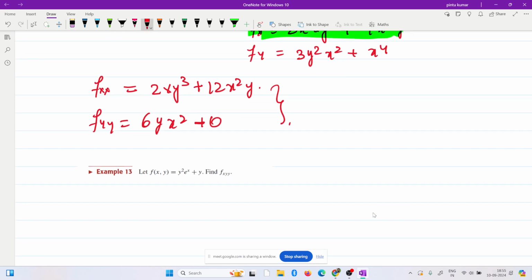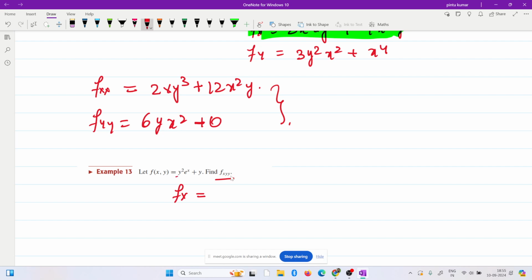Okay, let's do one more example. We are given f of x y as y square e to the power x plus y. In order to find f of x y, first of all we will find f of x.